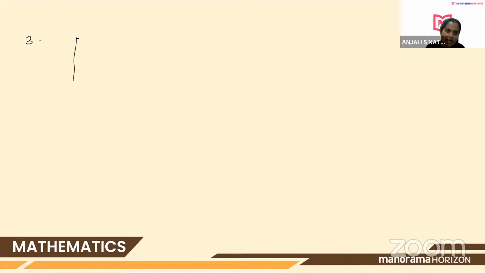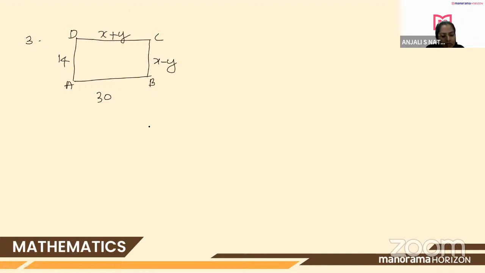So, we have a rectangle, and dimensions are given: 14, x plus y, 30, x minus y. So the rectangle is ABCD. What do we know about a rectangle? Its opposite sides are equal.